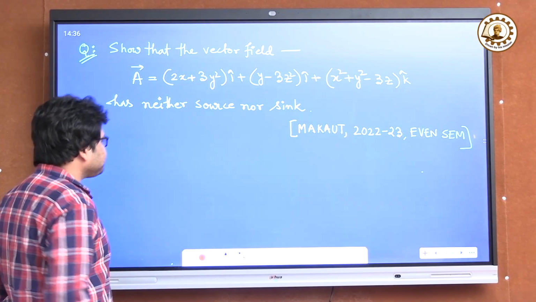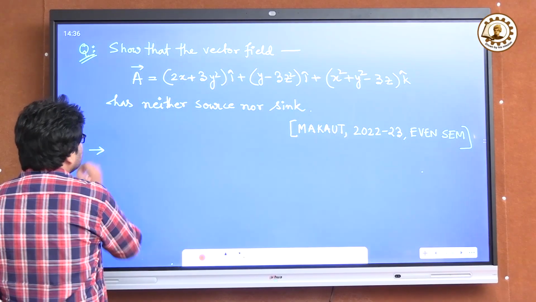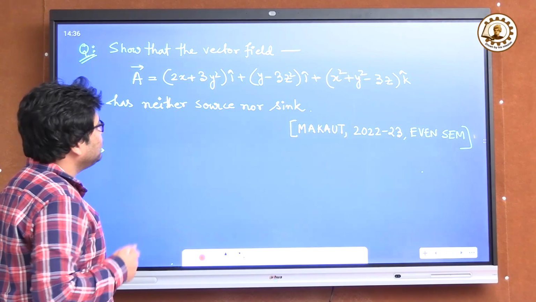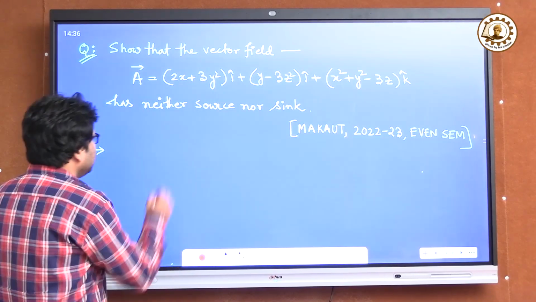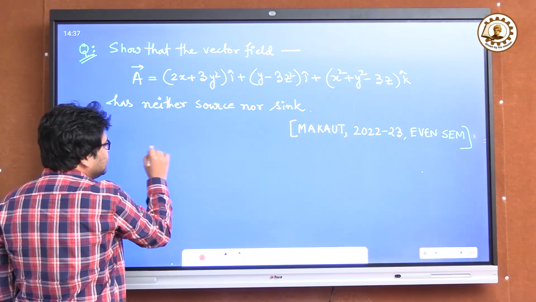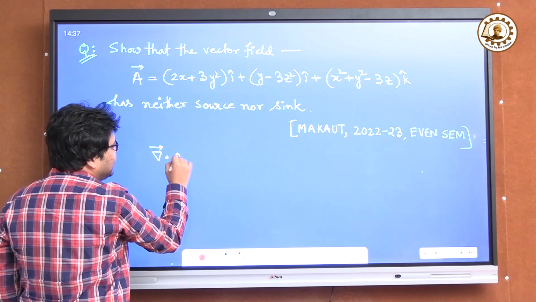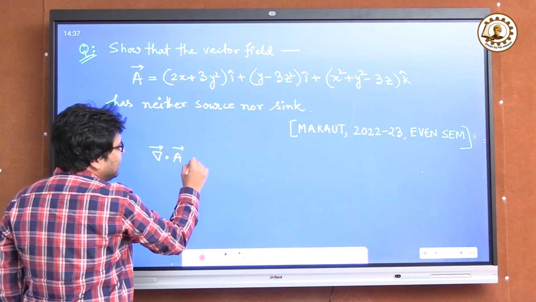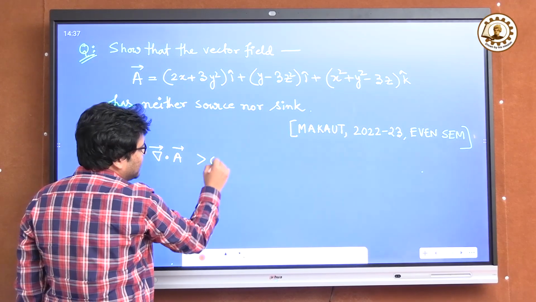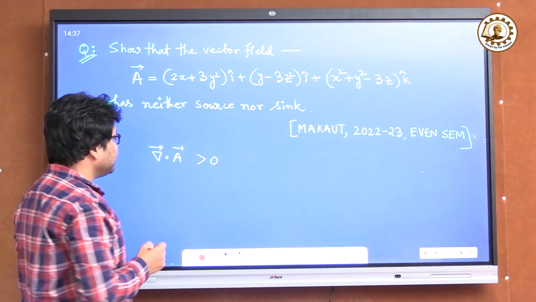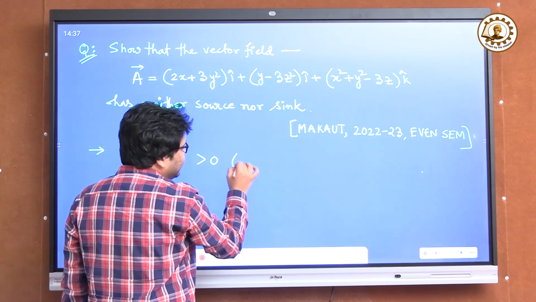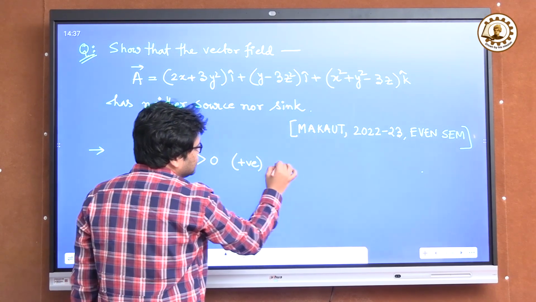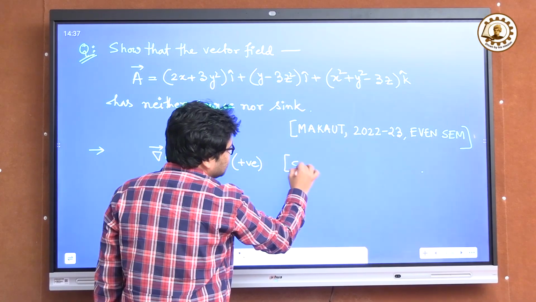So let's start. Now, in case of vector, what do you mean by source field or sink field? If we take divergence over any vector field, let the vector field be A. If this divergence is a positive quantity, that is, greater than 0, it gives us a source field.